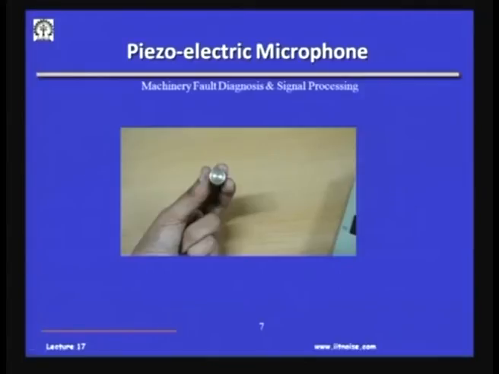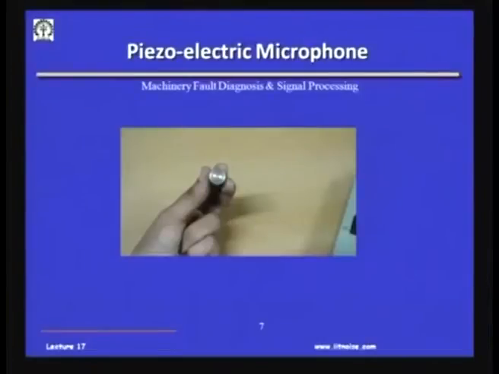You will be wondering what to do with 200 kilohertz, because I cannot hear any sound at 200 kilohertz. That is fine, but there are a lot of mechanical phenomena occurring at such high frequencies, particularly while doing abrasive jet machining, water jet machining, etc. They produce a lot of ultrasonic waves, which could be captured by such microphones.